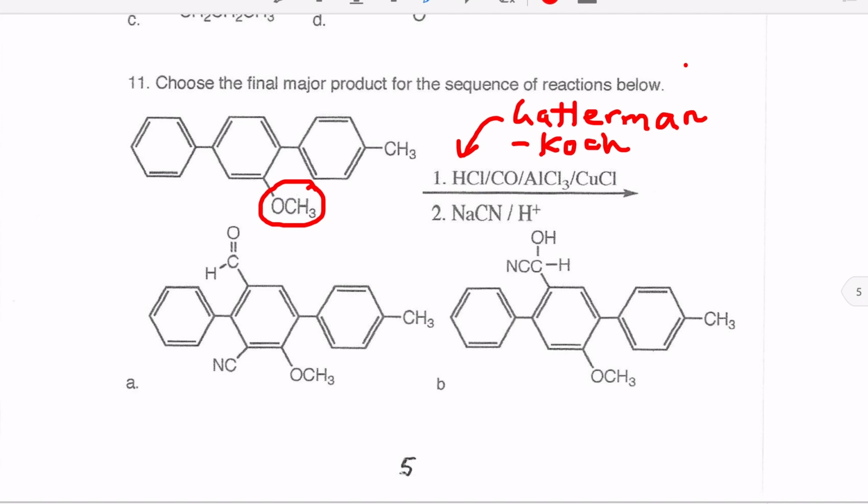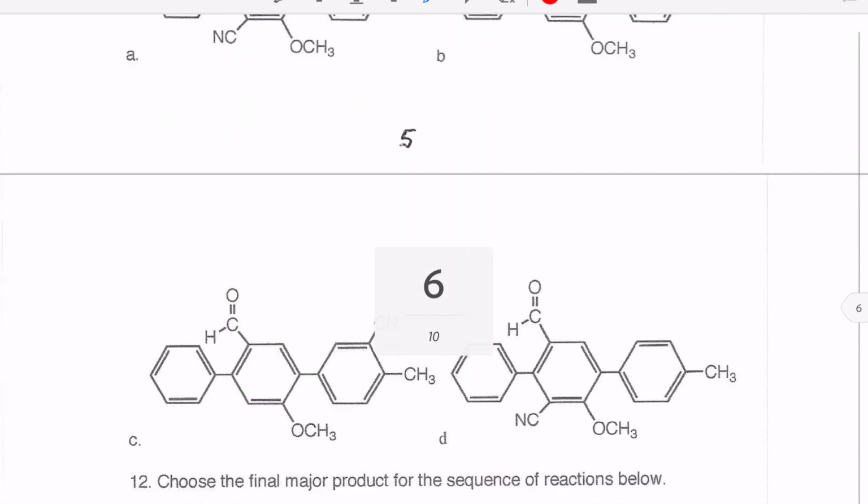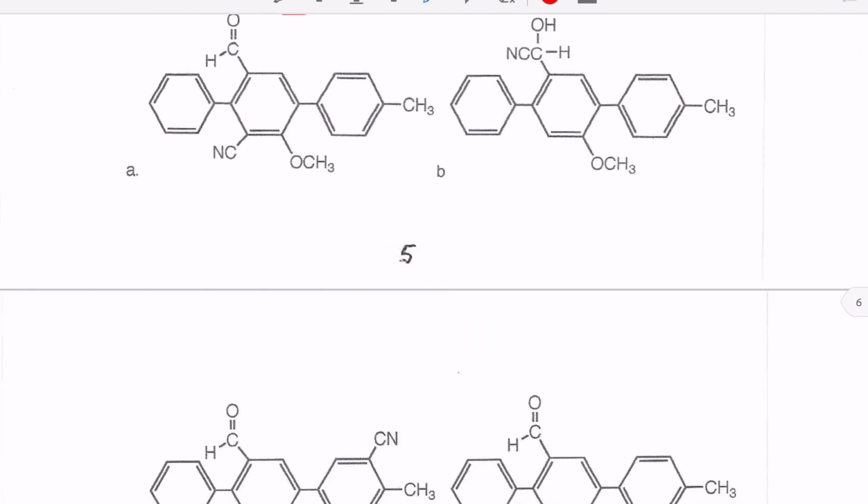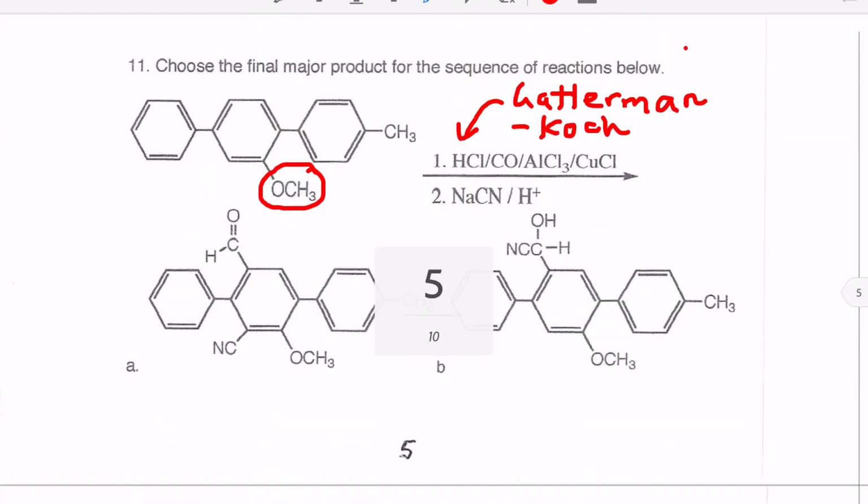So when we look at this, we know that since the alkoxy group is an ortho-para director, there are two possible positions that we can put this in. So when we look at our answer choices, we find that the aldehyde group for all the possible answer choices is on this carbon, right?